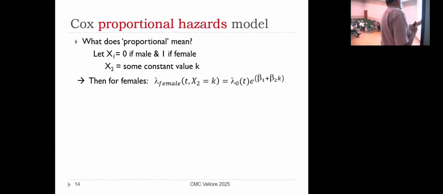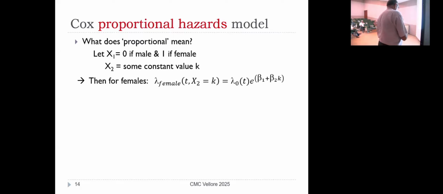That's the x beta written out like that. But what I'm saying is for females, x1 is equal to 1, and this is at x2 equal k. So now if this is equal to 1, that's this beta 1. So that's what I have there.